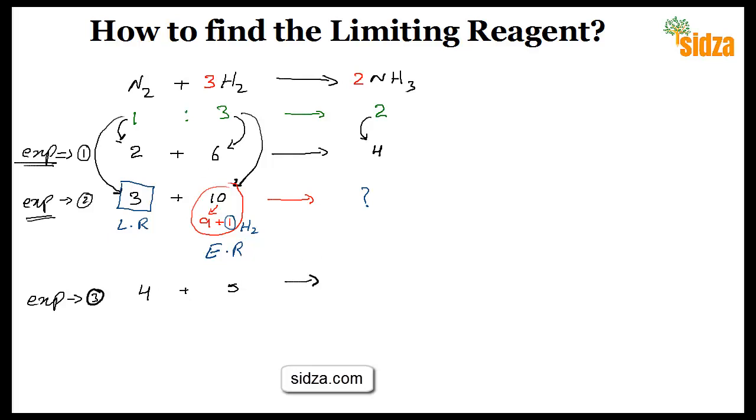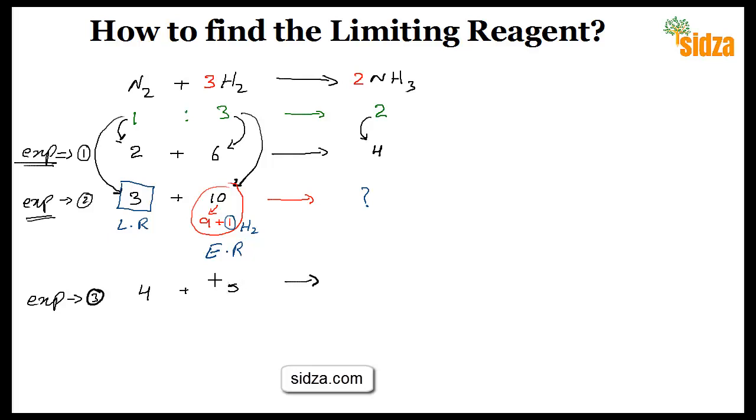The balanced chemical equation says again 1:3. So if you take 1 mole of nitrogen, you need 3 moles of hydrogen. But here you are taking 4 moles of nitrogen, so what should the amount of hydrogen be? 4 times 3, that should be 12 moles. You should take 12 moles, but you are taking only 5 moles.